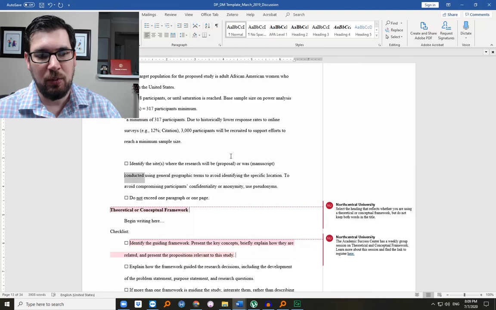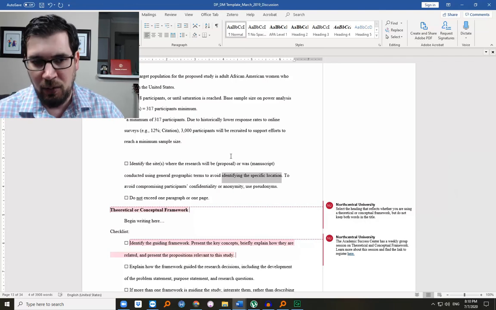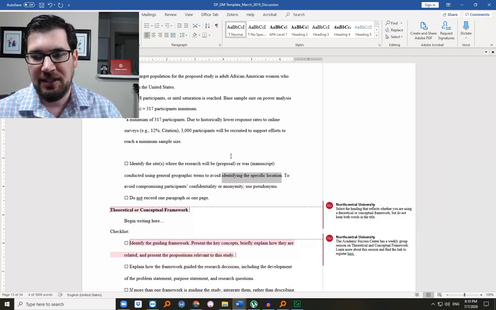Always just refer to the region of the world or the United States or whatever country you're working with. Don't provide the exact location, and don't say the University of Florida in the southeastern United States. Again, don't give away the location, mask it.